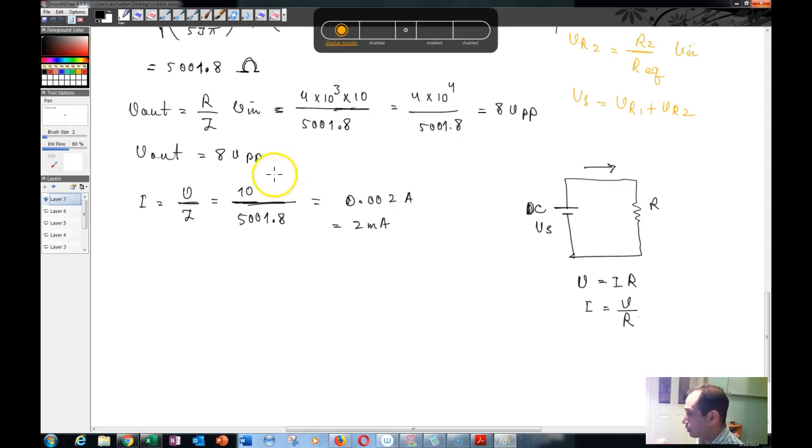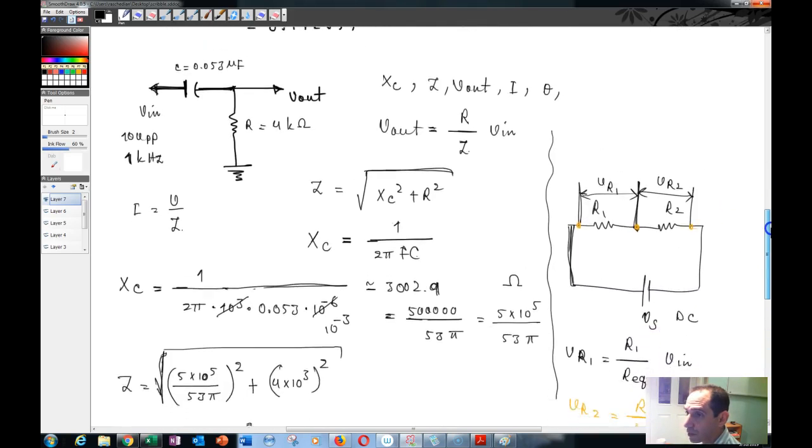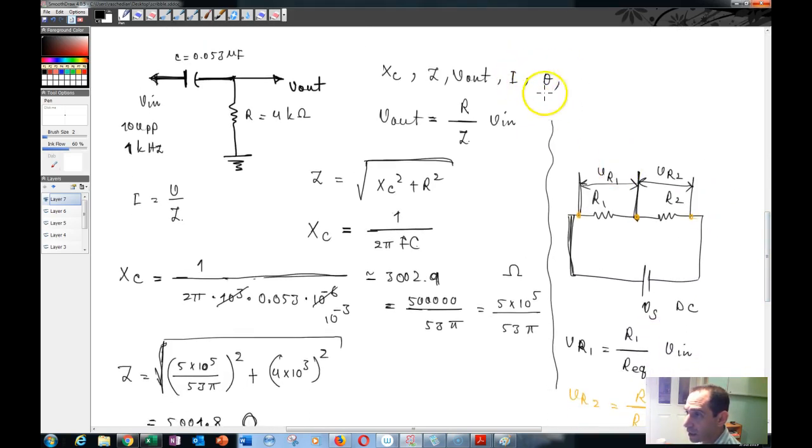Okay. Now the next thing that you have here is the theta, the phase angle, and the phase angle is basically the angle between the voltage across this resistor, which was basically 8 volts peak to peak, and the voltage coming in, which is 10 volts peak to peak.